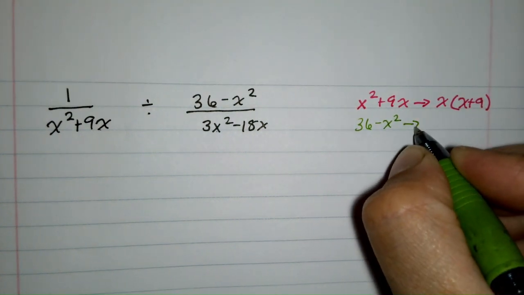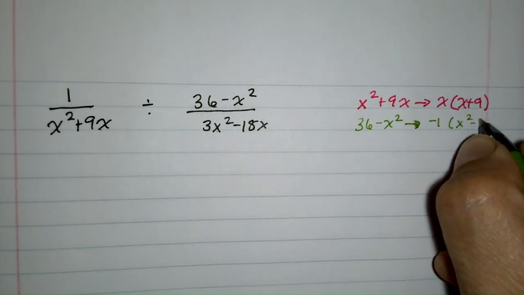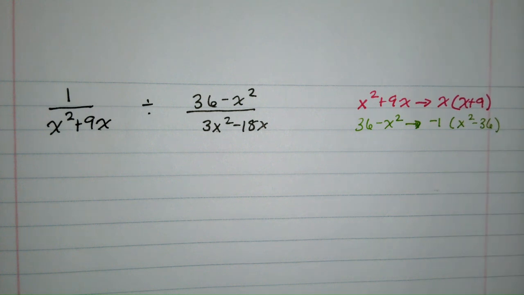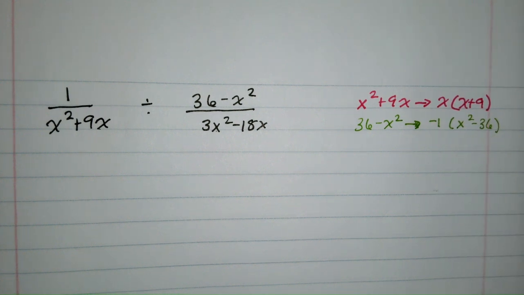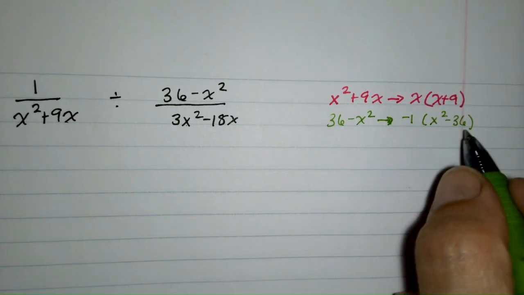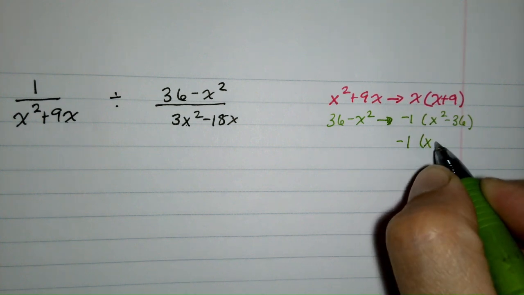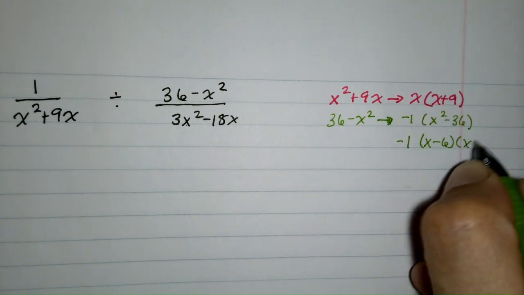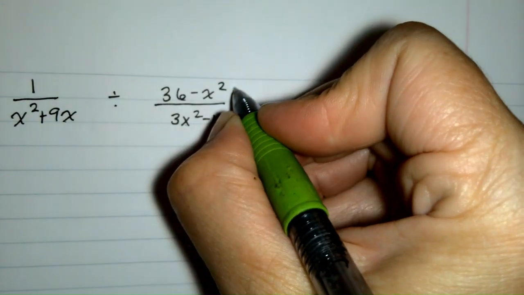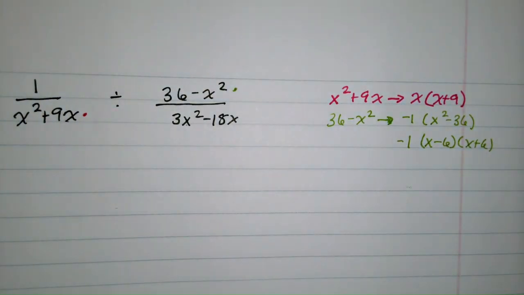I'm first going to do that GCF of negative 1 so that I can make it x squared minus 36, which is that trick I talked about earlier when I said, hey, a minus b and b minus a, right? Now that helped me switch the order, and then I also know that this is that special conjugate pattern of x minus 6, x plus 6. So I did that one in green. I did that one in pink.